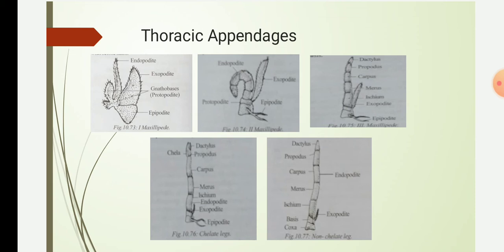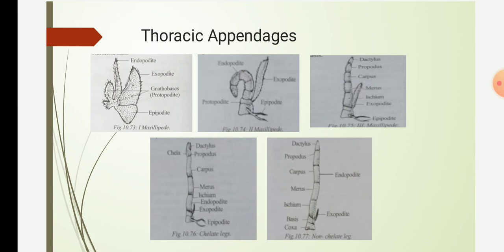The function of the first 3 thoracic appendages is feeding, so they are named maxillipedes 1, 2 and 3, whereas the remaining 5 appendages are used in locomotion, that is for walking, and these are known as the walking legs or pereopods. All the thoracic appendages have a protopodite consisting of 2 podomeres, namely coxa and basis.